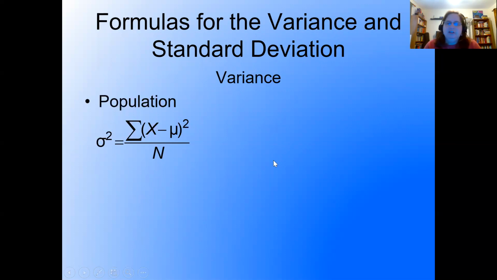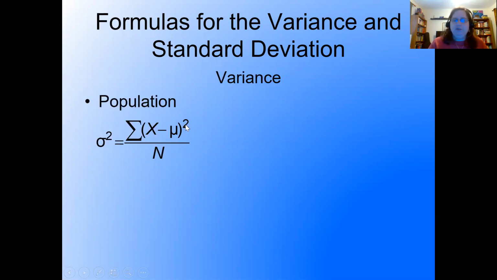Okay, so now let's look at the right side of the formula. How do we calculate population variance? Just like we talked about, it's SUSAD. So we take our score and we subtract the mean. And it might be helpful to remember that mu stands for the population mean. So score minus mean, subtraction. Next, we square those values. So we take each score minus the mean and square it.